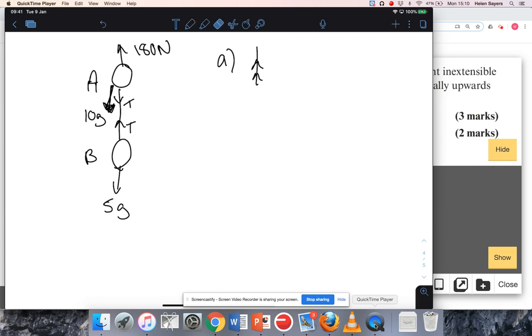So the total force. Using F equals ma, I'm modelling the entire body together. The upward force is 180 newtons, then we've got the 10g and the 10g and the 5g downwards. So I can combine those to say there's a resultant force of 15g down, and that equals the total mass, 15 kilograms, times the acceleration, which I'm trying to find.